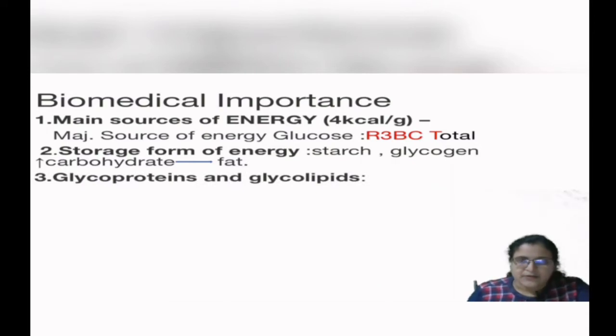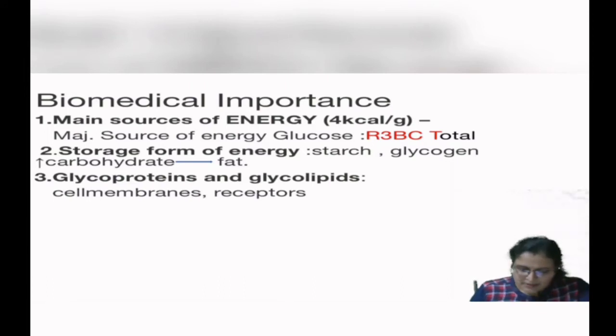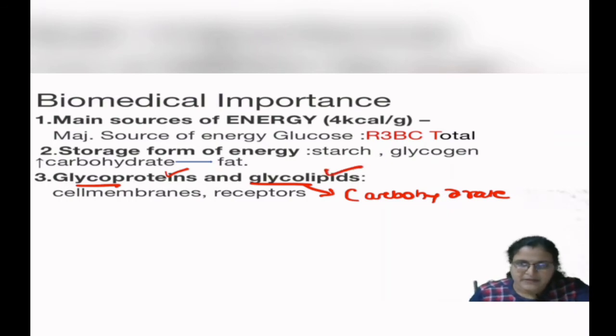Then as glycoprotein and glycolipid, it is present in cell membranes and receptors. Glyco, this term means carbohydrate. When this combines with protein, it is called glycoprotein. When this is combined with lipids, it is called glycolipid. As glycoprotein and glycolipid, carbohydrate is present in cell membranes and receptors.